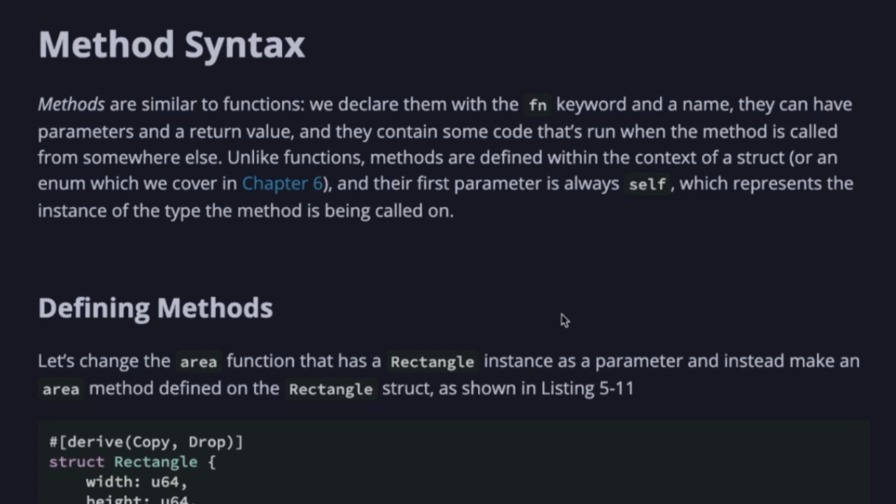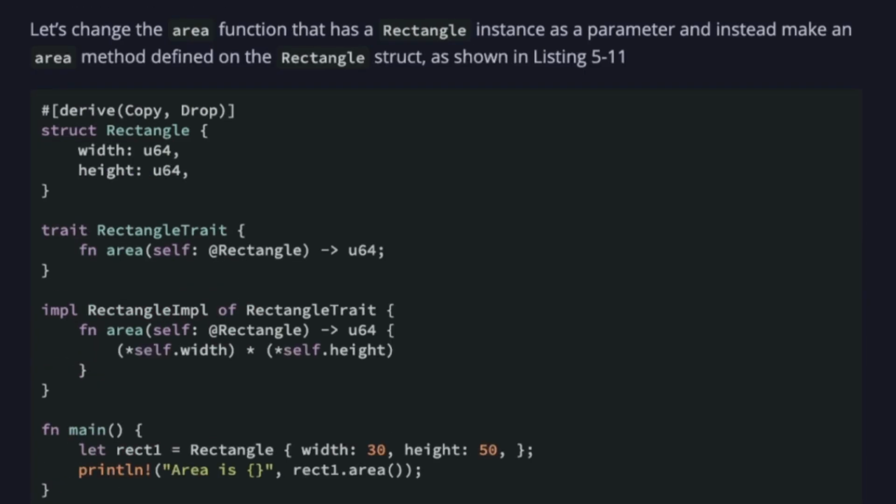Something else is that when you're calling a method, you usually call it on an instantiation of the struct itself, and it's usually called with the dot notation. So I think the best way to do this, as always, is to dive into our code editor, play around with methods, and try to understand it.